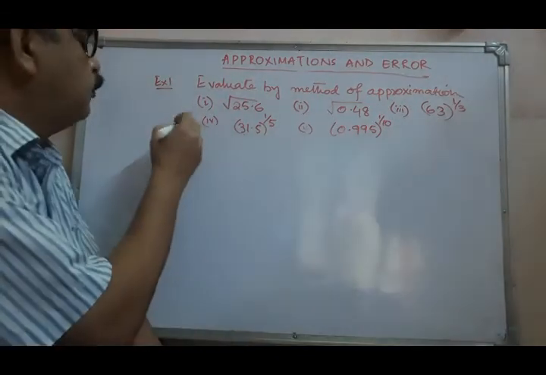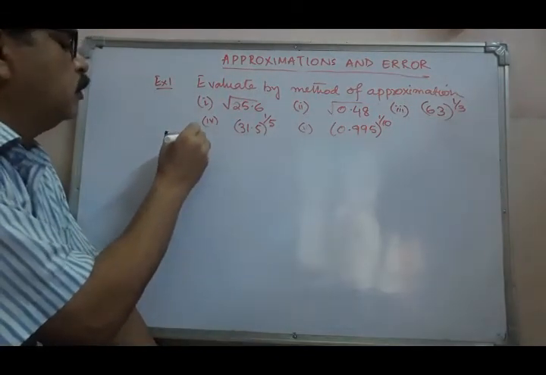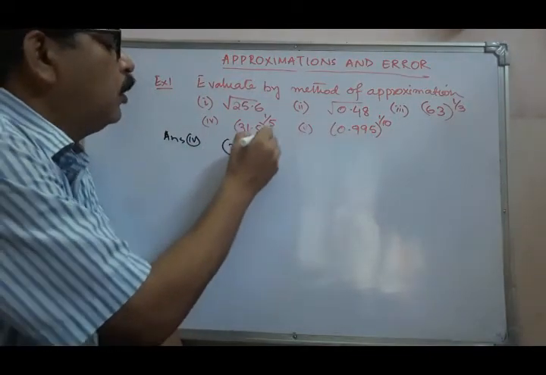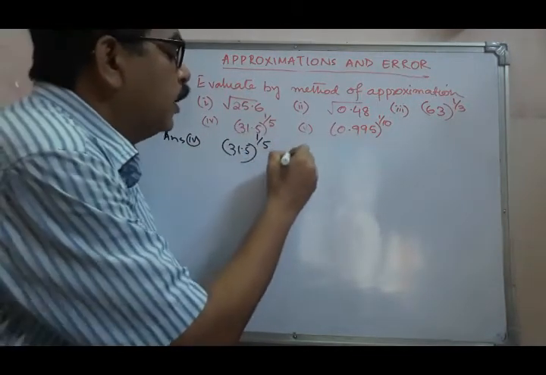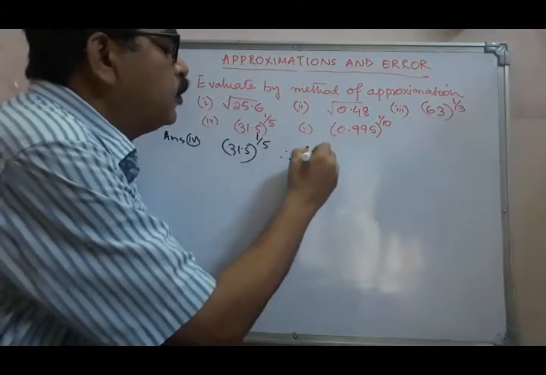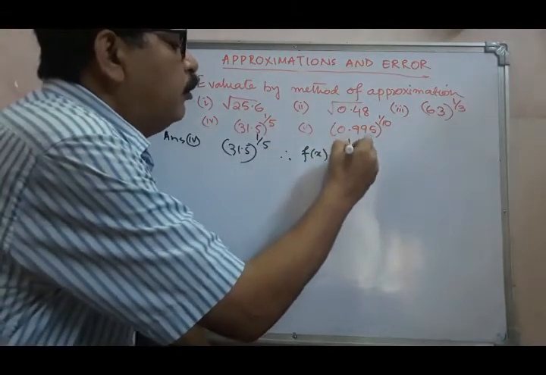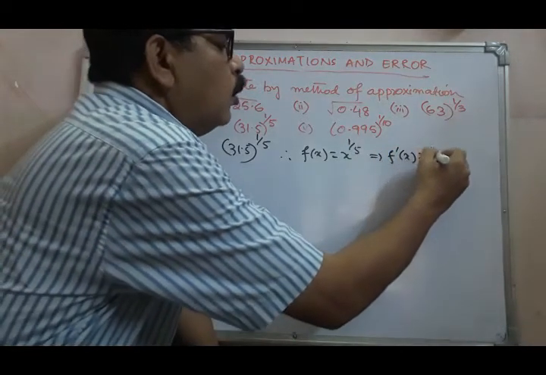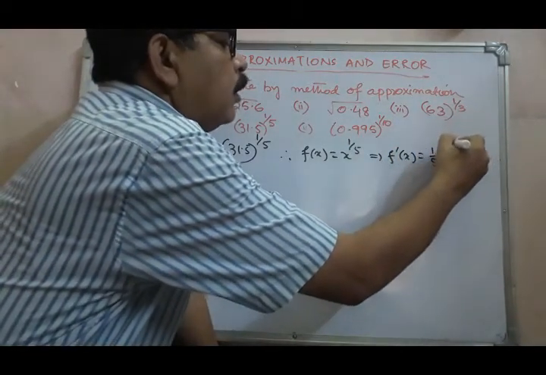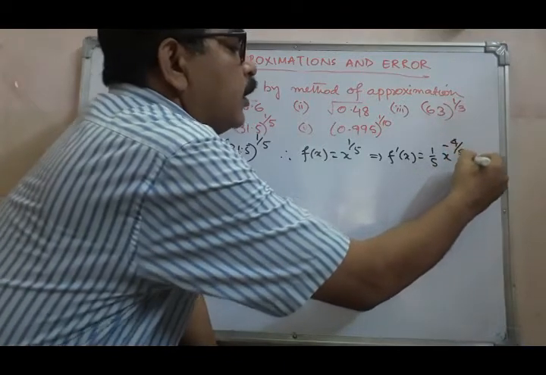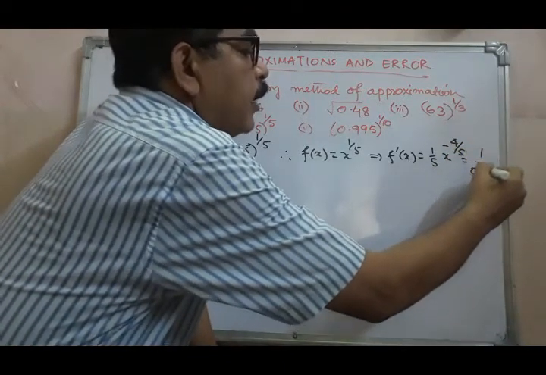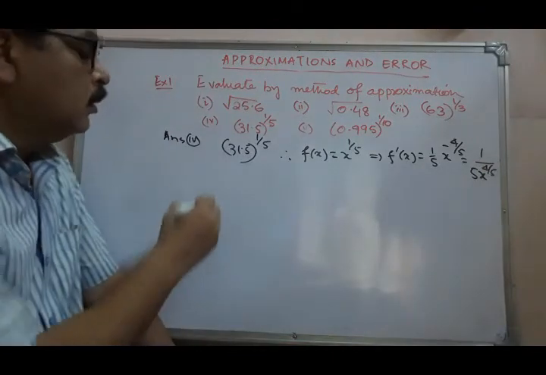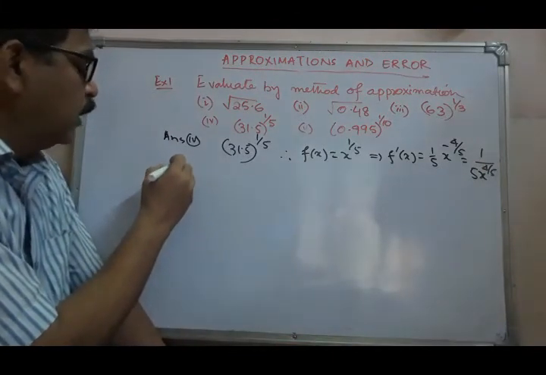We are going to part 4. Answer part 4. Here, 31.5 whole to the power 1 by 5. So we take f(x) equal to x to the power 1 by 5, which implies f dash x is equal to 1 by 5 x to the power minus 4 by 5, that is 1 by 5x^(4/5). Now write down the relation.